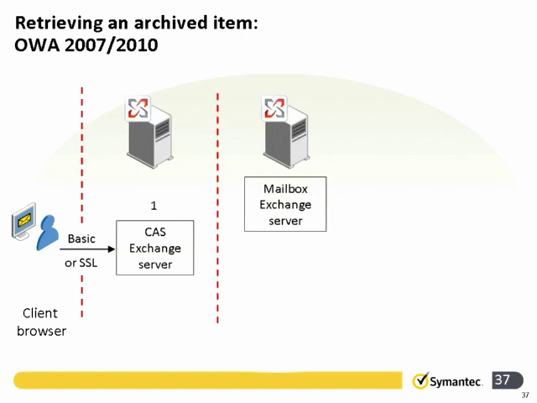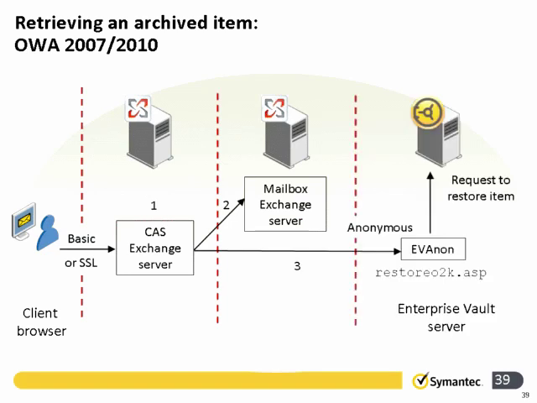We still start off with the client browser making a basic call with the Secure Sockets Layer to the client access server on the front end. And that client access server will then proxy that to the Exchange mailbox server role. But we won't communicate directly as part of the connection to Enterprise Vault from the Exchange mailbox server.